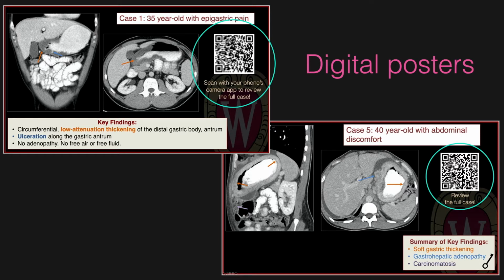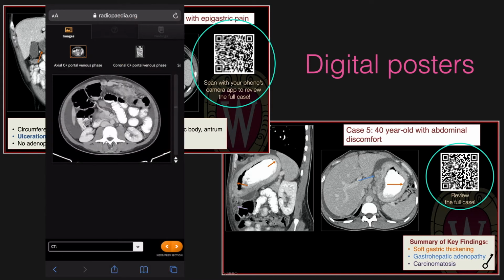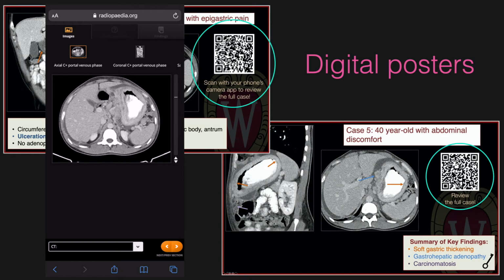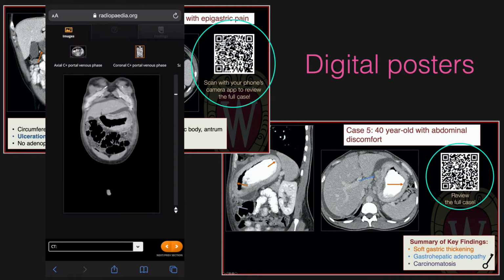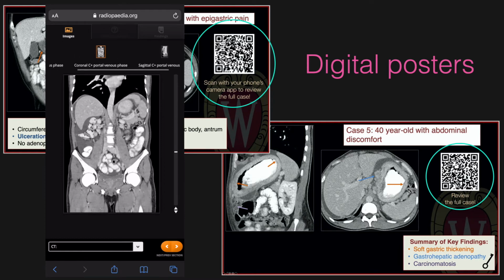Now we are simply leveraging a case viewing platform, either Radiopaedia or Paxspin, and link the case using a QR code, which will enable the viewer to scroll through the actual cases on their smartphone. This takes our educational exhibits one major step closer to real-life radiology and transforms static images into scrollable cases.